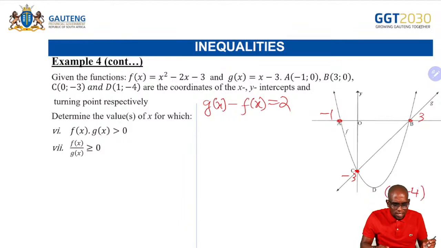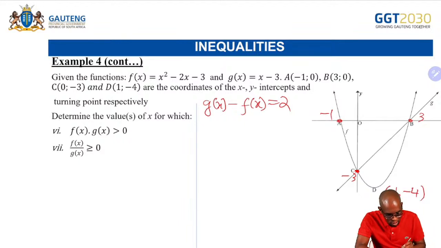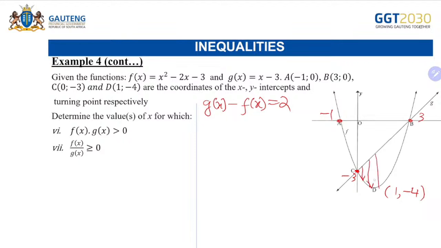So I want a region where G is above F and the distance between them is 2 units. Now, if I locate the graph from left to right, I will try to find where the graphs have the biggest distance between them. If you check, the distance between the graphs here starts to increase, and then as you go, it decreases.